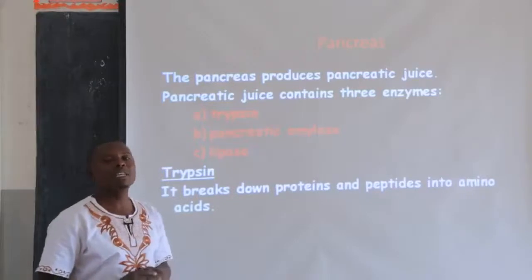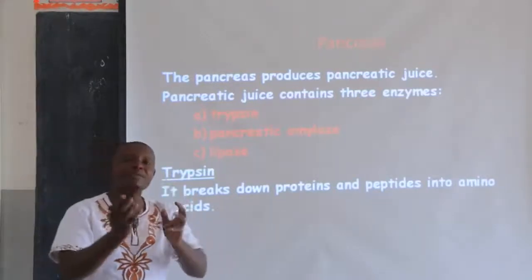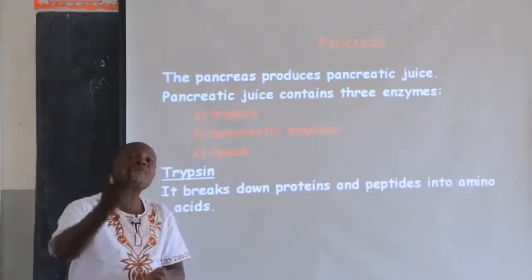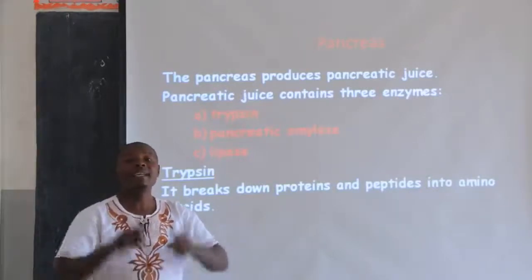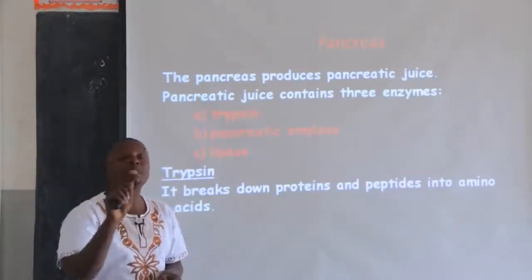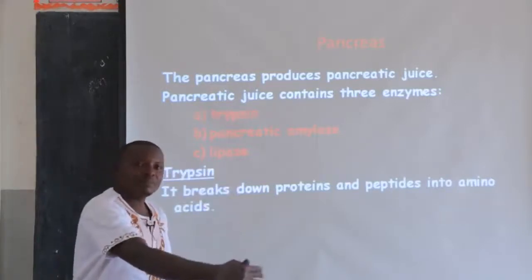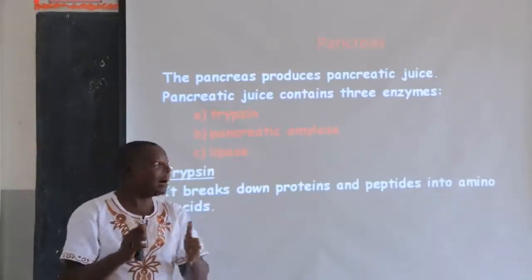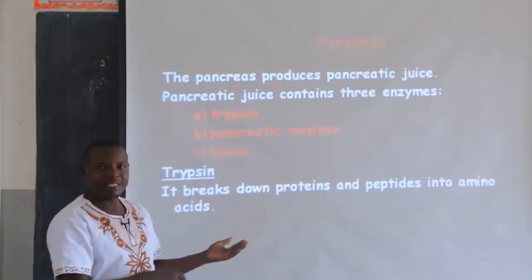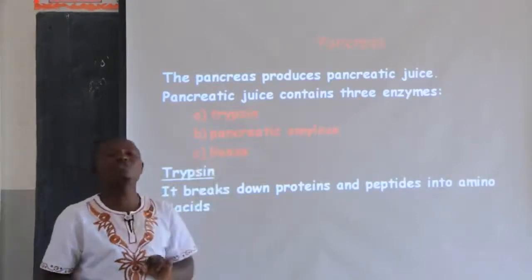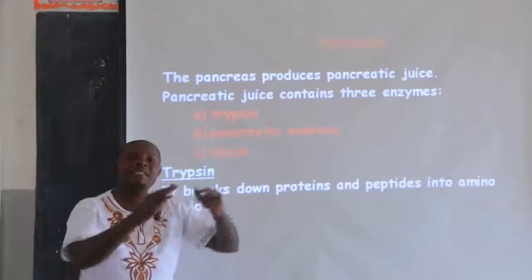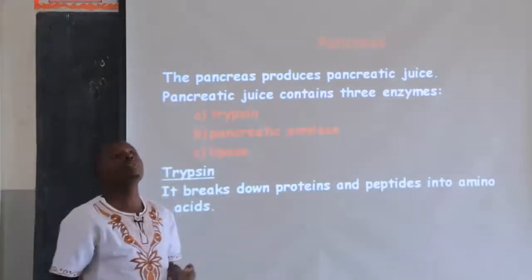What do we mean? When the proteins reach the stomach, they are first digested by the enzyme called pepsin, and they turn into a new substance that we are going to call peptides. So not all of them are digested in the stomach, but there are some that escape, that fail to be digested.